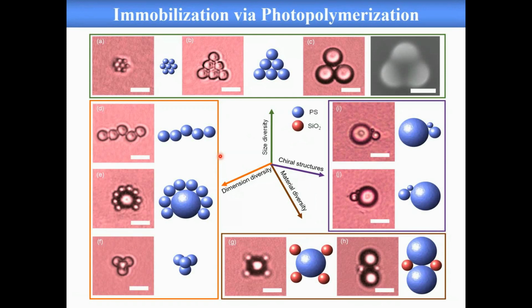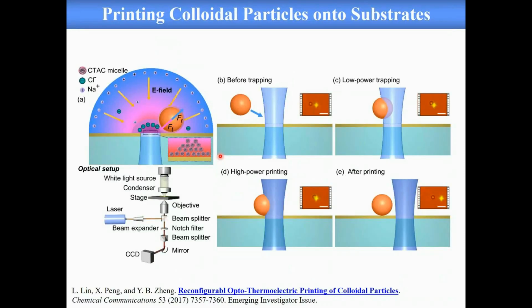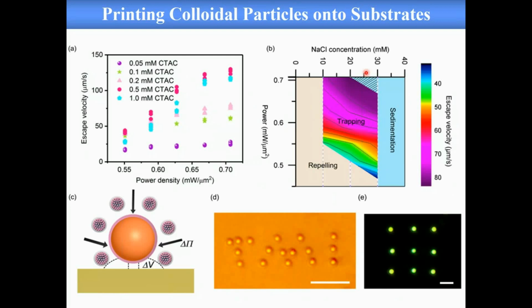But we can also do a second approach. Instead of introducing a different hydrogel, here we can tweak the laser beam a little bit. We are working on assembly, but we can also achieve printing. So what's happening here: if you increase the power a little bit, here is a trapping region, right? Here's the optical power we use. When you increase the power, you will reach a certain region here, which is basically printing. So now, instead of holding the particle, you push the particle towards the substrate.